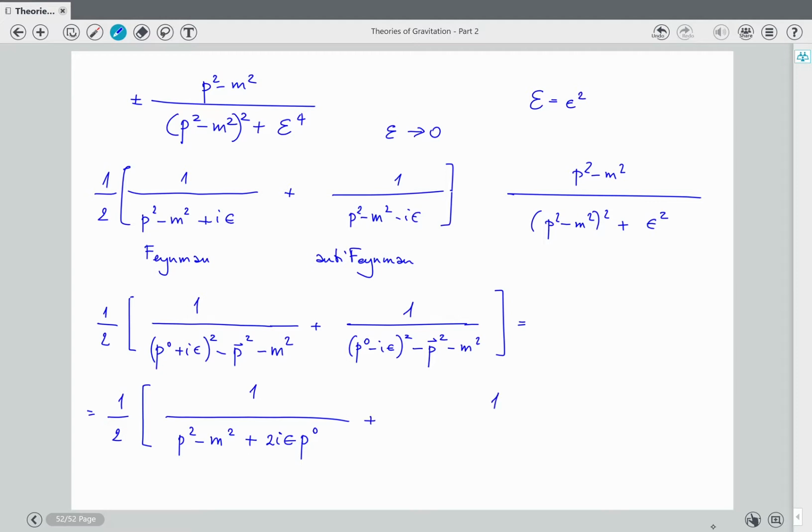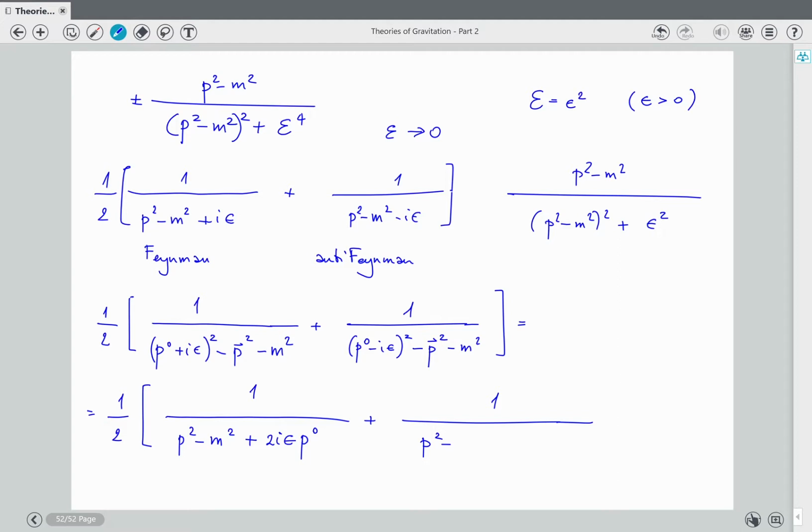Plus 1 divided by p squared. There is an epsilon squared, but that can be neglected because there is already this epsilon and this is already well defined. So it will depend on the sign of p0. Otherwise it is the same thing basically. We assume, of course, that this epsilon is positive.